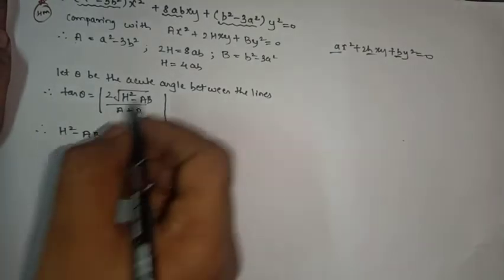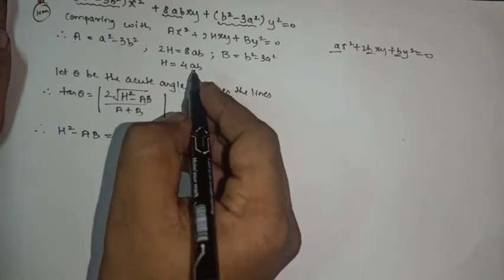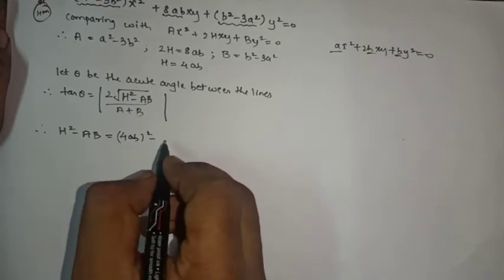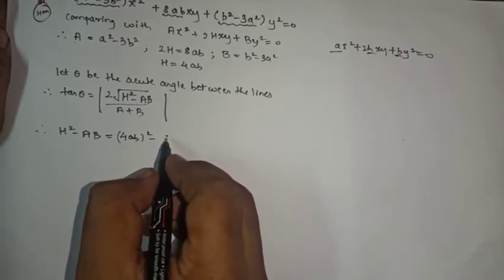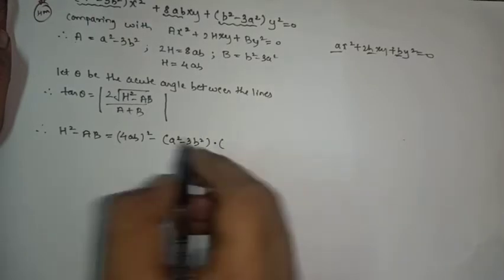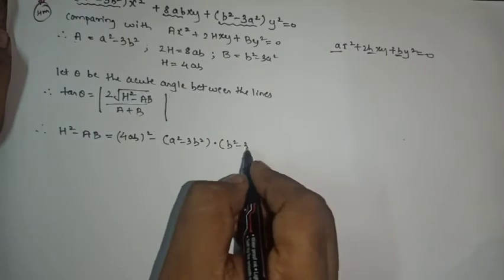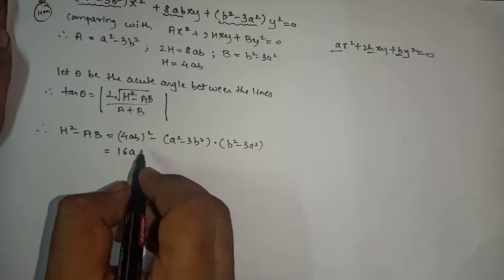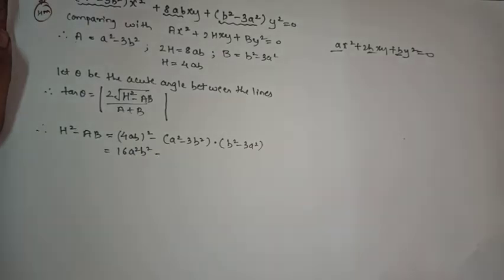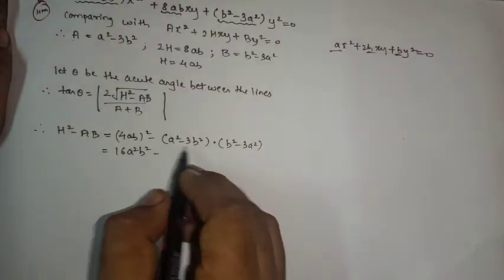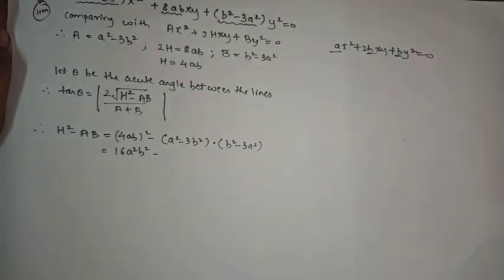So what is the value of h? It is 4ab. So 4ab square minus, here it is a square minus 3b square into b, which is b square minus 3a square, yes or no? So this will be 16a square b square minus, okay, first bracket open with this, bracket open between these two.